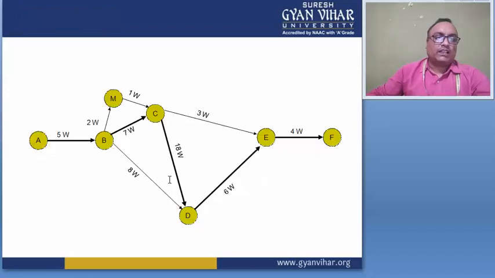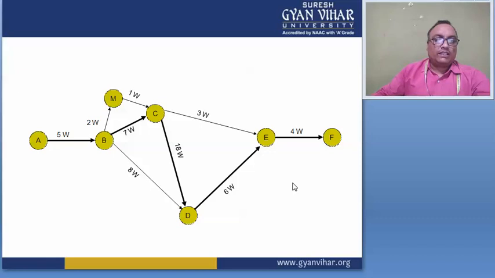The shortest path of the project is A, B, C, E, F, only 14 weeks. So the longest path is 40 weeks and the shortest path is 14 weeks. So this project is completed between 14 and 40 weeks, right? This is the answer to this question.